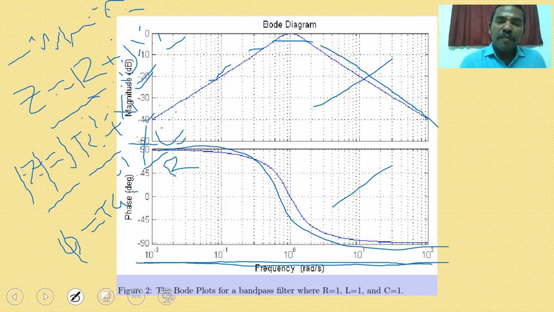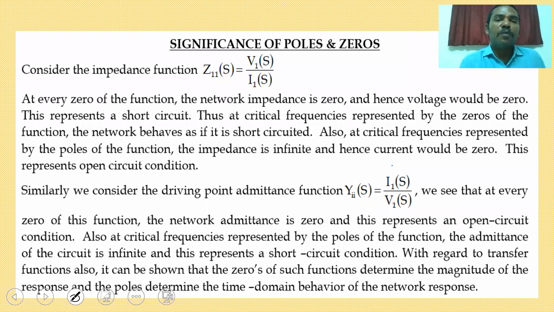Now coming to the significance of poles and zeros. The most important thing is the significance of poles and zeros that you have to see. The driving point impedance Z11 of S is equal to V1 of S by I1 of S. For finding the values of Z11, from the numerator you can get zeros.